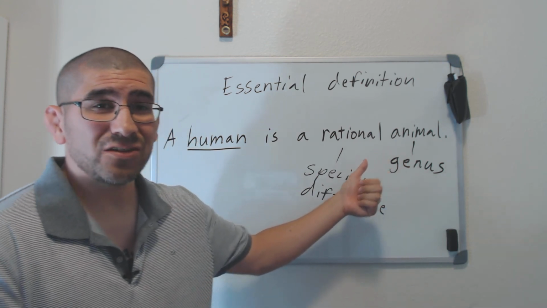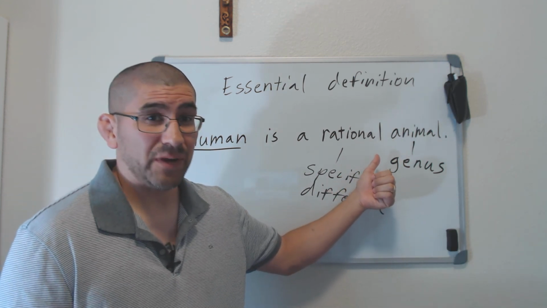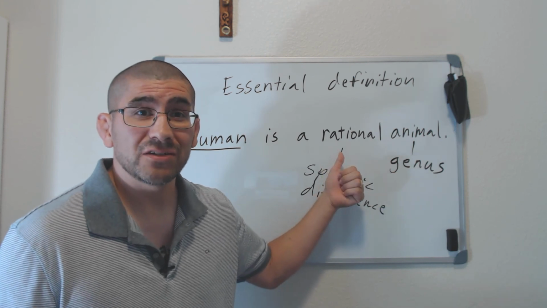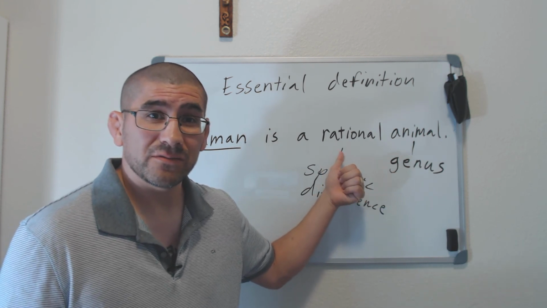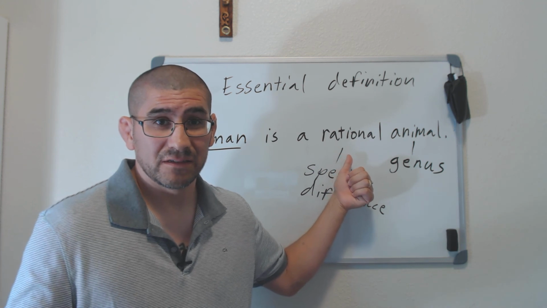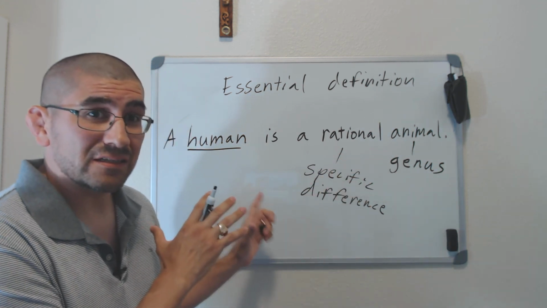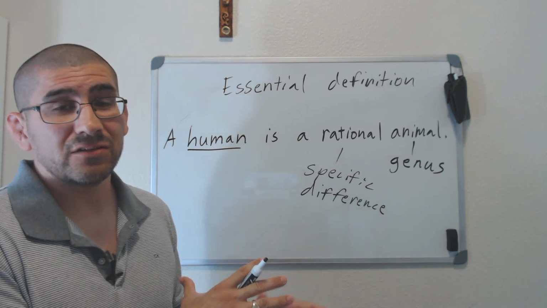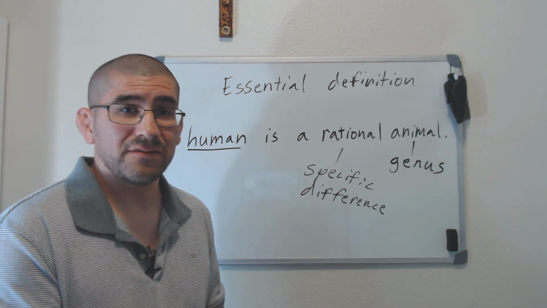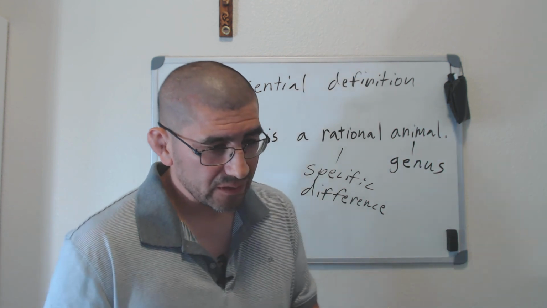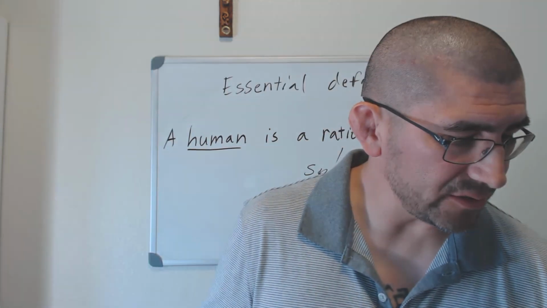But this doesn't include bears either, because a bear is an animal, but a bear isn't rational. Bears haven't written great books or something like this. So according to Aristotle, this is an essential definition. It includes all human beings and doesn't leave any out. So that is the essential definition.